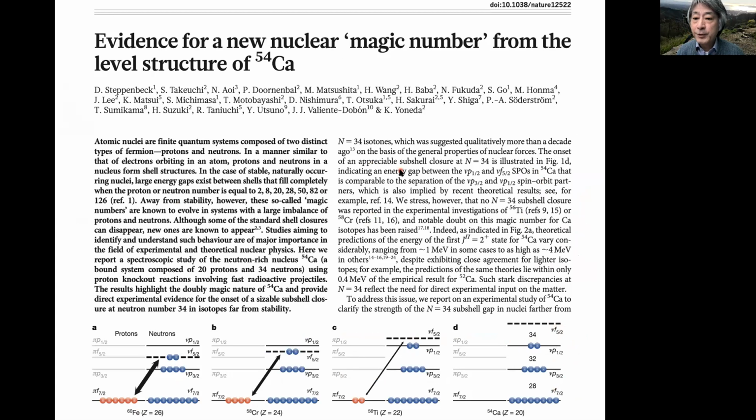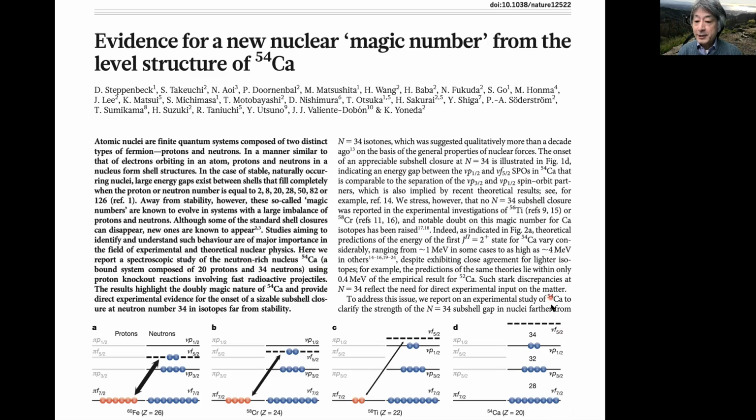Calcium-54 is also radioactive, namely it decays, so there's no natural abundance of it. You have to make it with accelerators. But once they make it by bombarding a certain nucleus on another nucleus, they created this calcium-54, which has 34 neutrons in addition to 20 protons. And they found a very stable configuration of the nuclei.